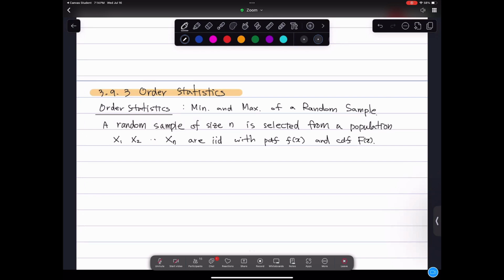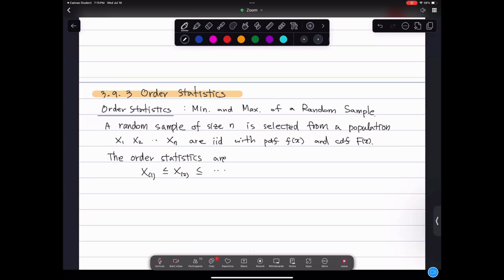So what are the order statistics? You would rank these numbers, or arrange them in order. So we write them down as x with 1 in parentheses, which is the smallest of these n values, and x with 2 in parentheses, the second smallest value, and so on, all the way up to x of n.